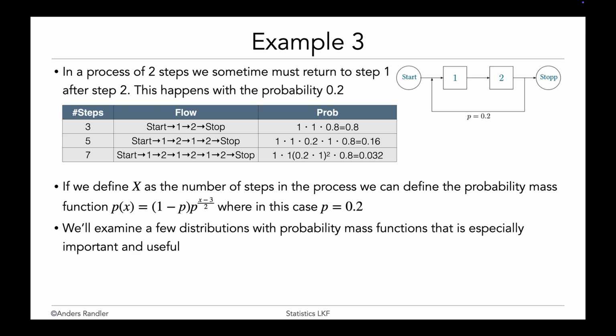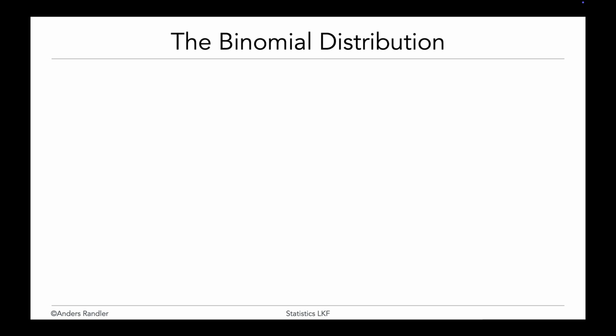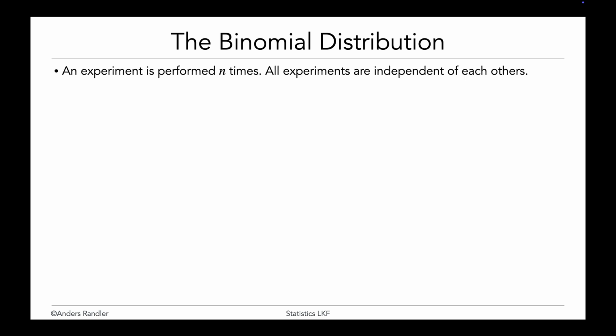We will now go on looking at a few distributions that are especially important and useful. So we'll start with something called the binomial distribution, and this is when you need what we talked about when we talked about combinatorics. So an experiment is performed n times. All experiments are independent of each other. So it can be like flipping a coin or something like that.